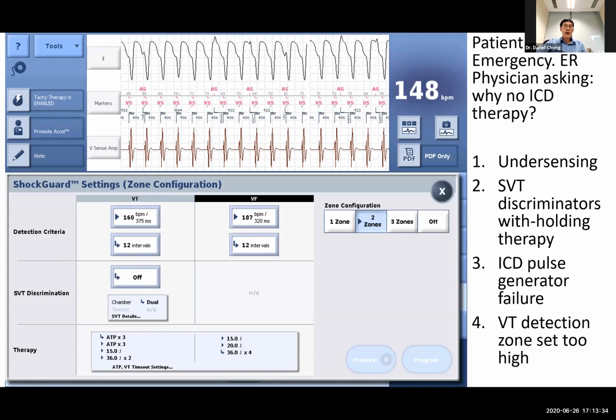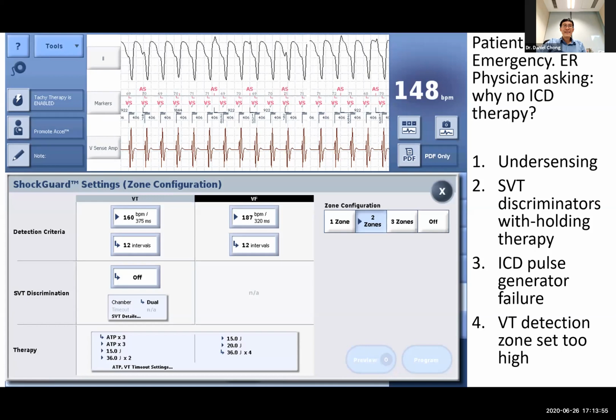Whilst the technician was doing the ICD check, the physician asked, why is there no ICD therapy for this patient who is having a ventricular tachycardia episode? Why is the ICD not delivering therapy?